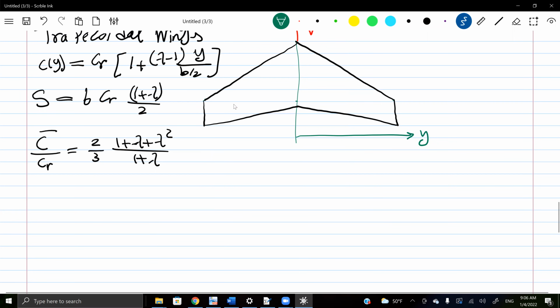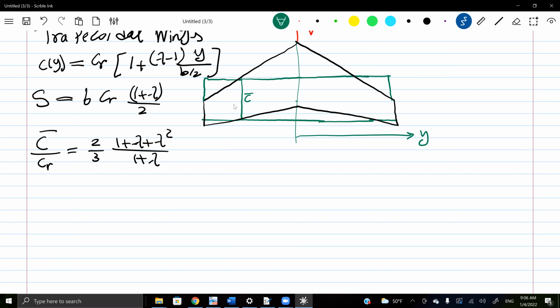Let's say here is your C bar. I'm gonna draw a rectangular wing that spans fully this thing. Okay, so this green wing should have the same aerodynamic characteristics as my wing.